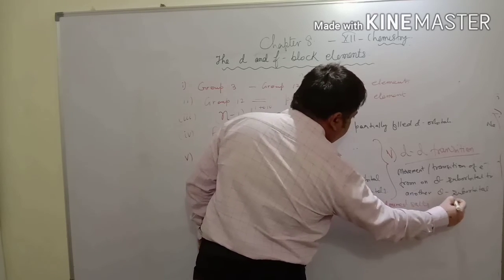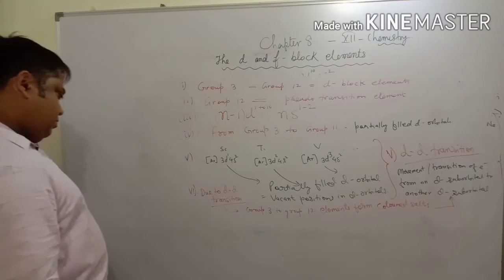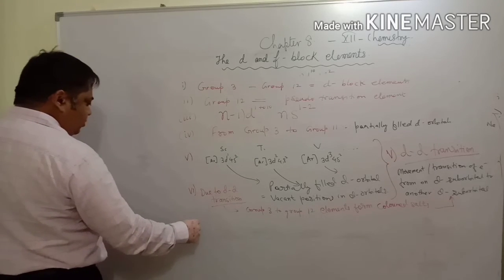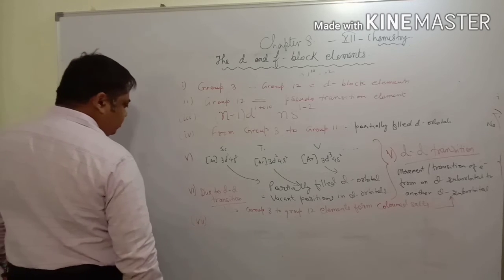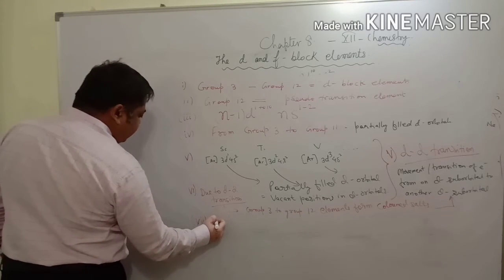Why? Due to dd transition. Seventh, they act as good catalysts.